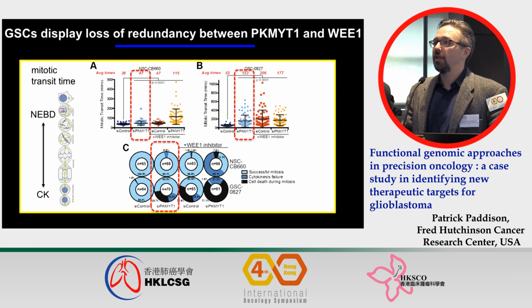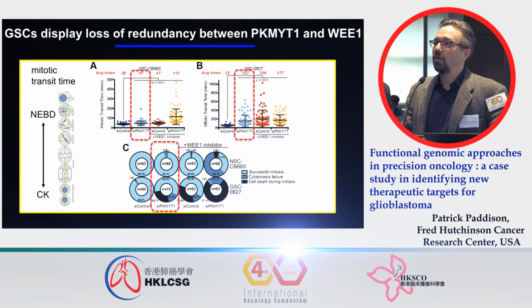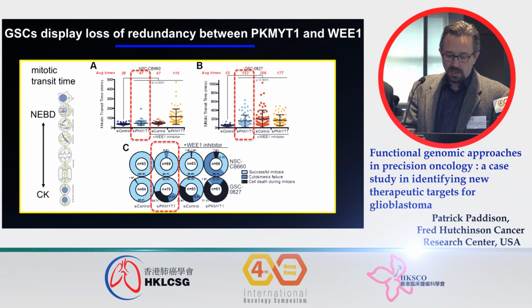But in the cancer cells, we see that knocking down or out either one confers sensitivity, and we can see that in looking at cytokinesis failure or cell death during mitosis.